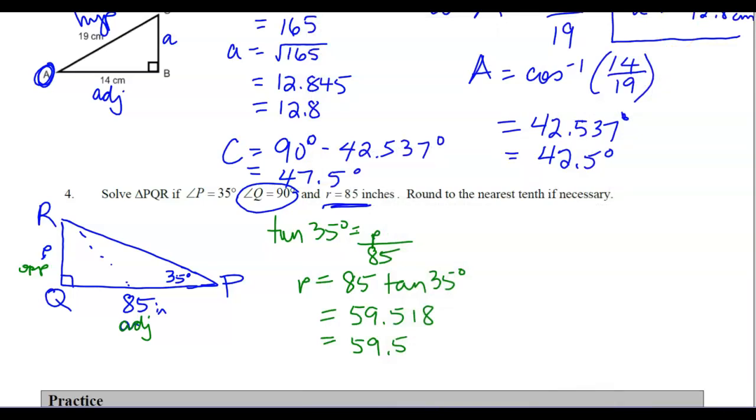I'm going to use this angle again, this adjacent side again, and I'm going to find the hypotenuse, which is the opposite side. So I'm going to call it Q, which is the opposite side. So if I have adjacent and I want the hypotenuse, that is cosine. So cosine of 35 is 85 over Q. Now I'm not using any rounded numbers. And so my unknown's in the denominator, so I want to divide.